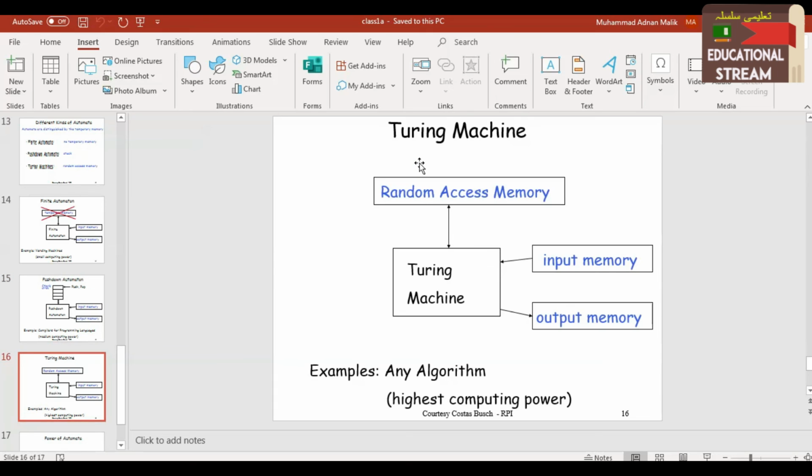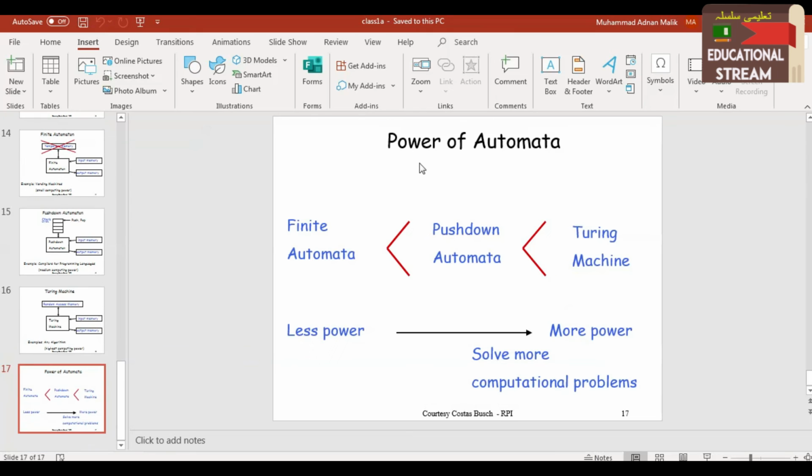So there is a basic difference between both of them. You will have an input memory again and output memory for respective processing. An algorithm suits this model, so you will have the highest computing power in this mechanism.